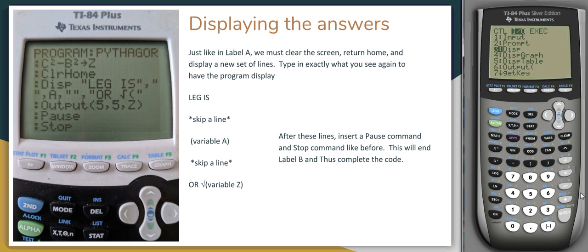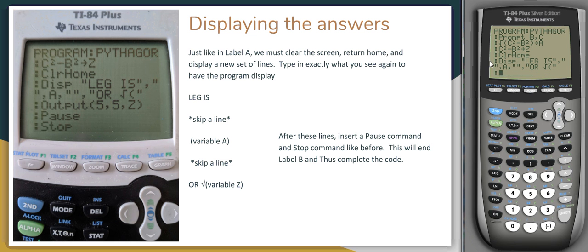Next, we will display that, and again, you need to display with quotations, your leg is, comma, blank line, comma A. So again, leg is, blank line, value of A, then another blank line, on the next line we'll say, or it is, or the square root of.